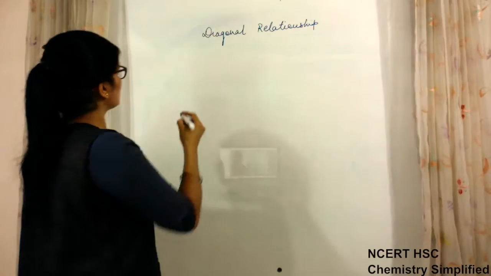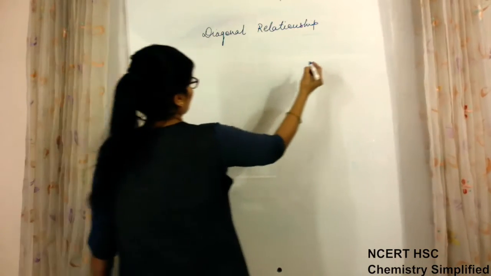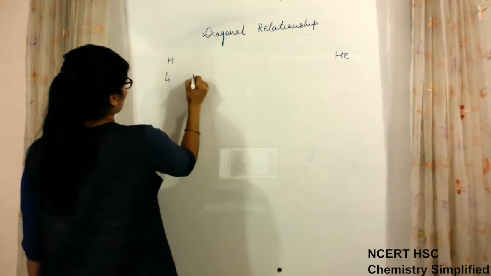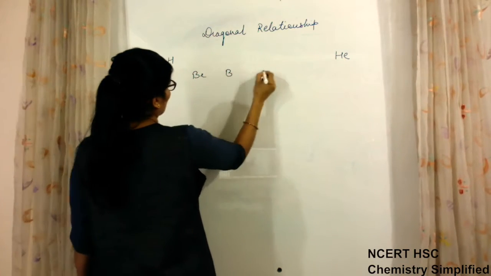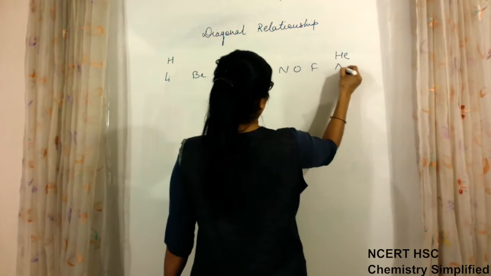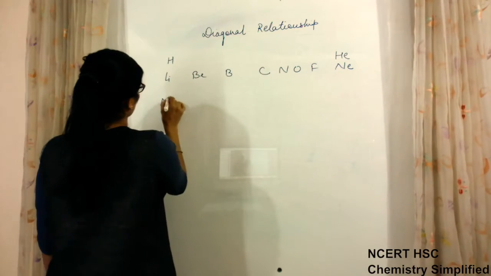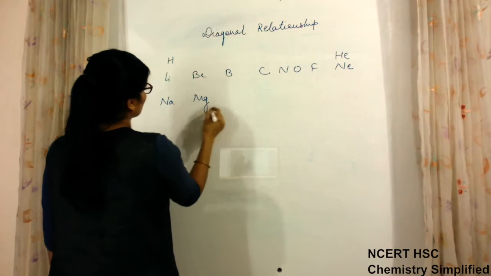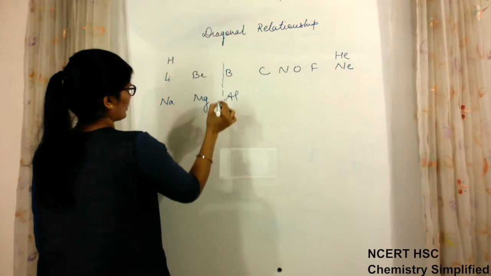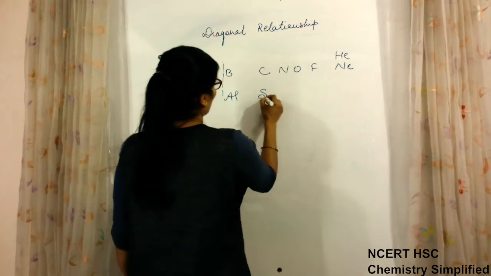If we write the members of the periods: hydrogen, helium, then lithium, beryllium, boron, carbon, nitrogen, oxygen, fluorine and neon, then sodium, magnesium, aluminium. From here there is a gap, then silicon.